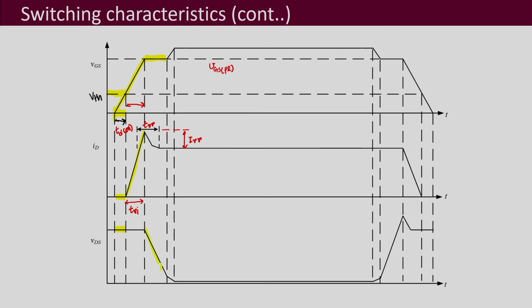You can see this part, it almost goes very close to the on state voltage drop, and this period is many times denoted as TFV.